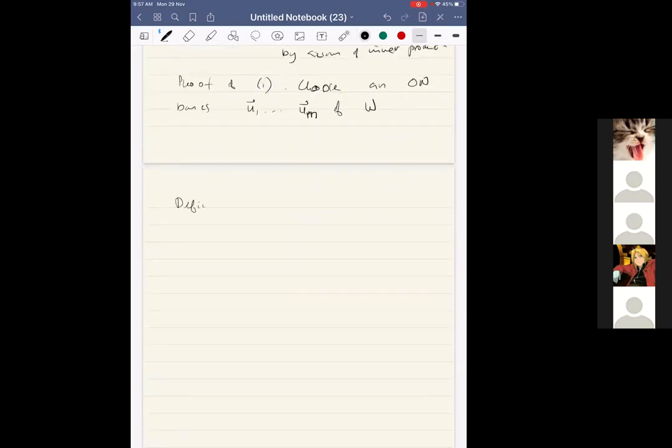Define a map P from V to V by P acting on v is the sum over i equal to 1 to m of the inner product of v with ui, times ui.